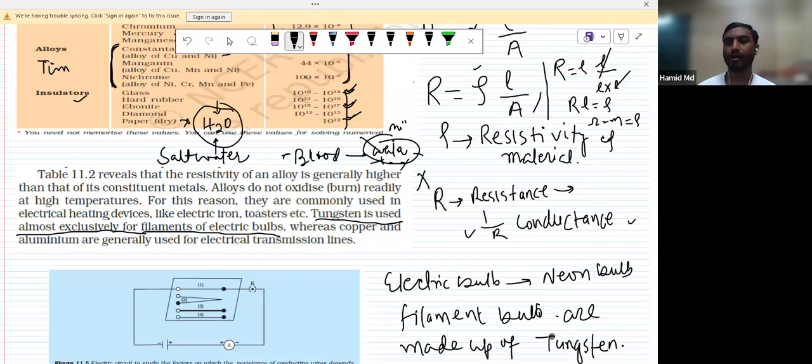Tungsten. Okay. You must have seen the filament bulb back in your village, right? Yes, sir.